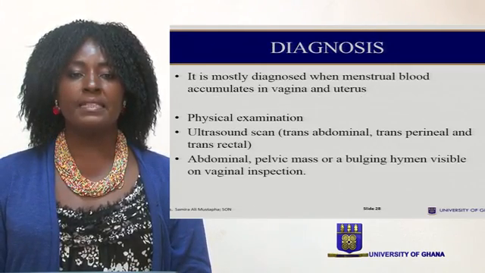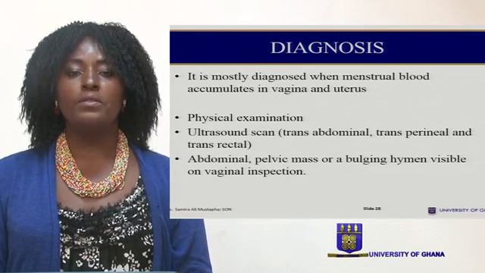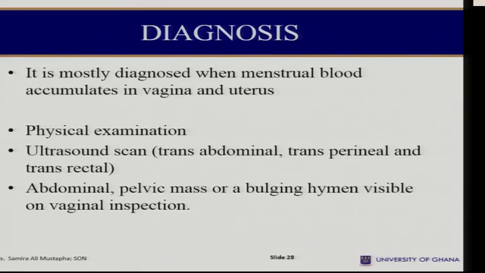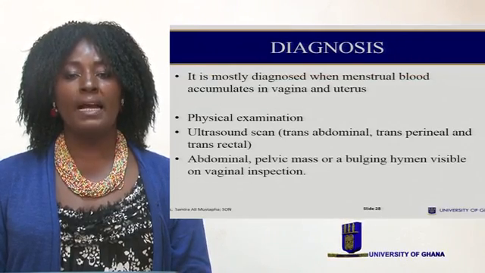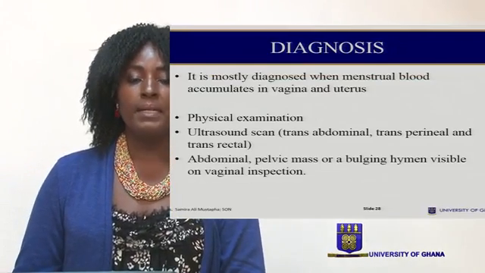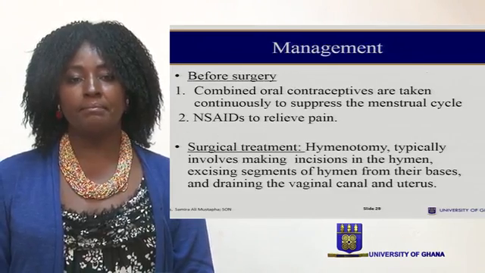Once again, physical examination will be to observe this at birth if we examine the perineum well, and also ultrasound can be done to diagnose this prenatally, and also abdominal and pelvic mass or bulging hymen will be visible in cases where patients come with a history of amenorrhea at puberty.